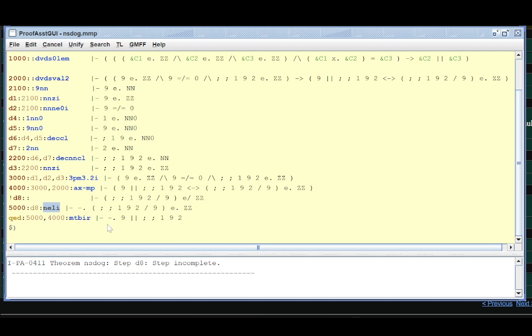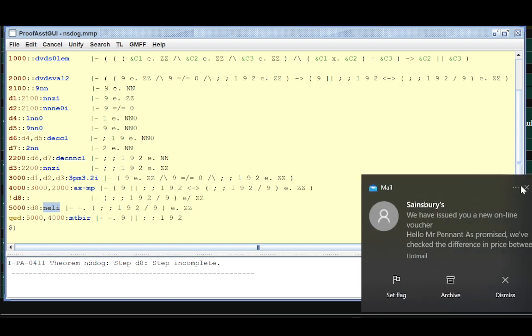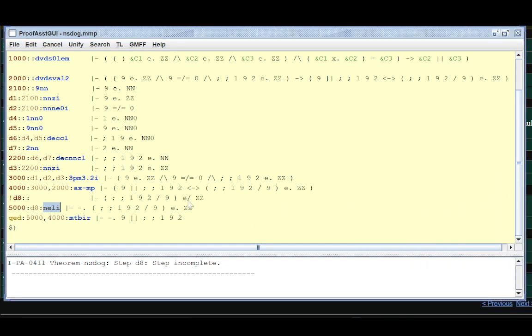But that will be enough to establish the result, right? So we've done everything we need to do, except we just need to prove that 192 divided by 9 is not an integer. And I have no idea how to go about that. I've never even seen this symbol before. That's really fascinating. That's a great symbol.